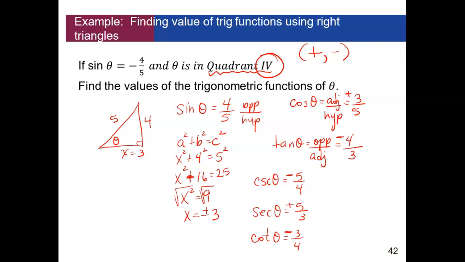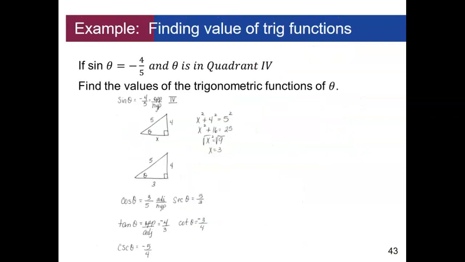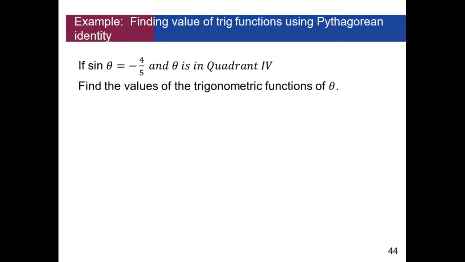Okay, I wanted to very briefly just show you what you would have to do if this were done the way we did in chapter 5. So in chapter 5, what we would have had to do would be use the sine squared plus cosine squared equals 1. So we substitute for sine.